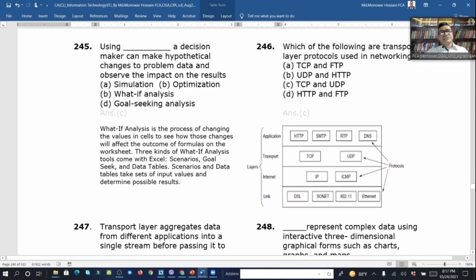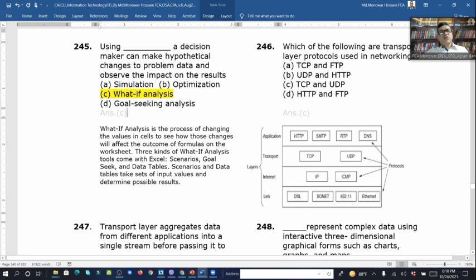Using this, a decision maker can make hypothetical changes to problem data and observe the impact on the result. So here what-if analysis is the answer. Using what-if analysis, a decision maker can make hypothetical changes to problem data and observe the impact on the result.